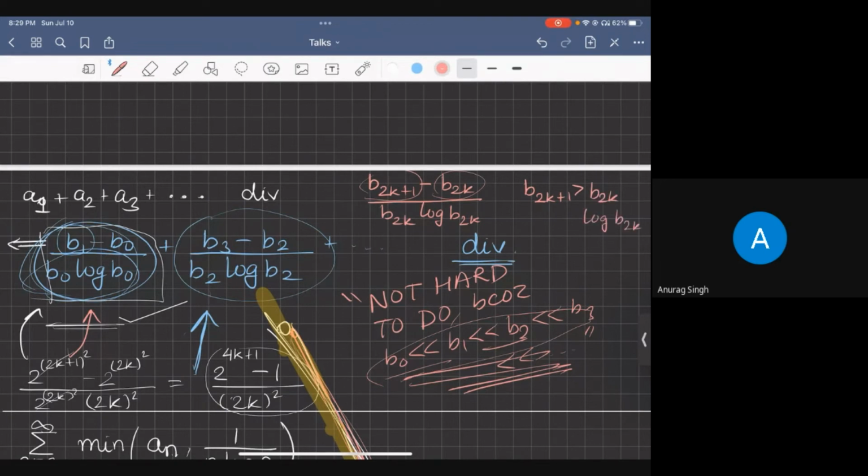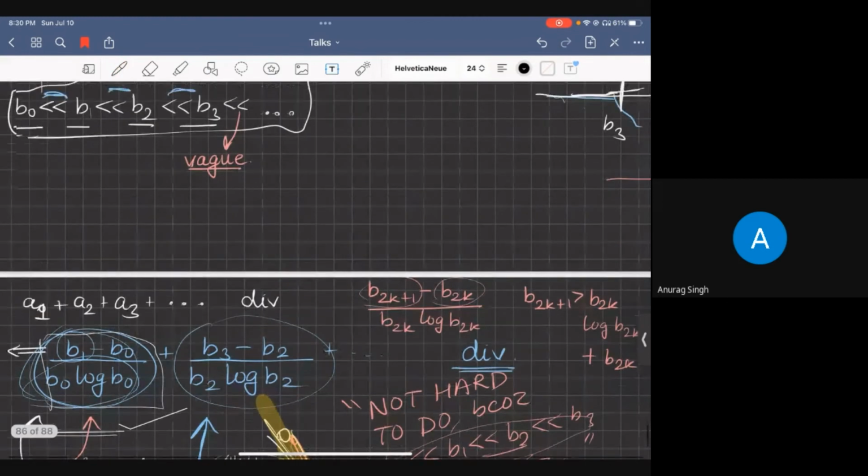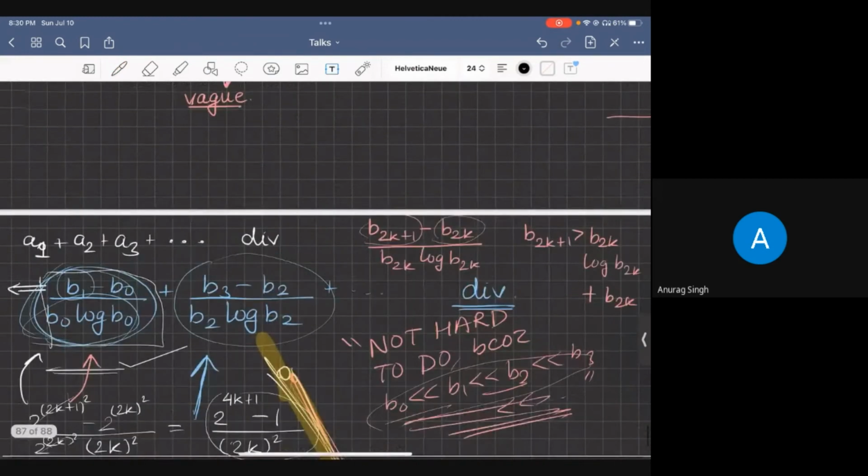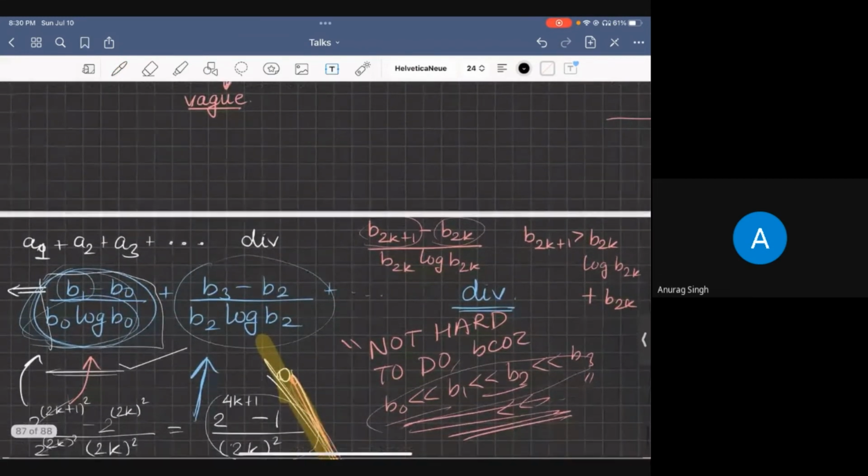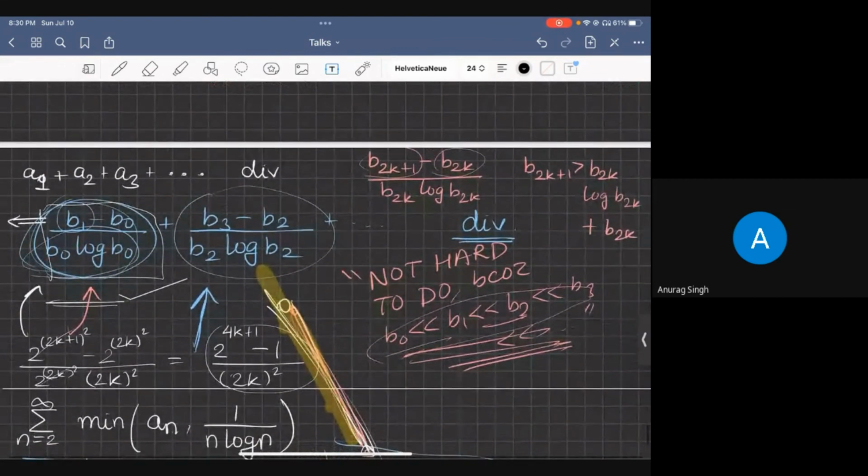Because then this will be 1 minus 1 over... wait, does it suffice? Well, if it's large enough, then it will suffice. Let's say that if it's linear, then it would diverge against the first sum. It won't work nicely.